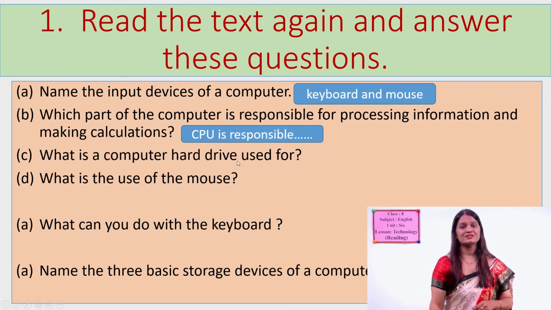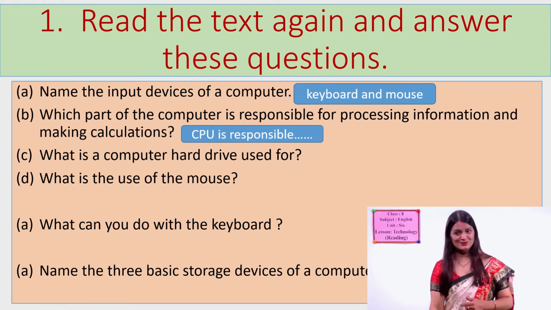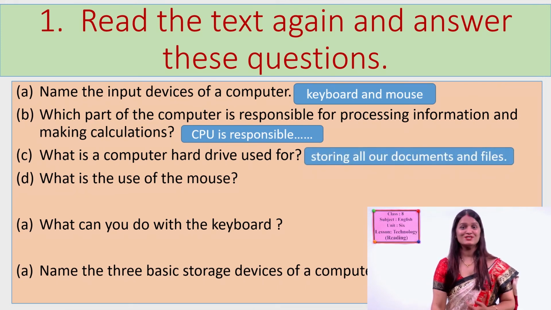What is a computer hard drive used for? Yes, you know. It is used for storing all our documents and files. Okay. This hard drive is used for storing all our documents and files.